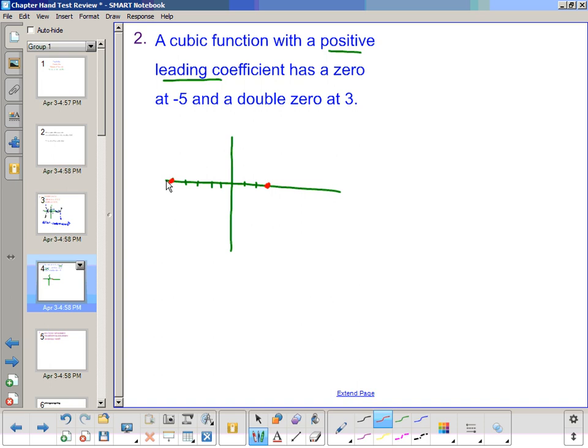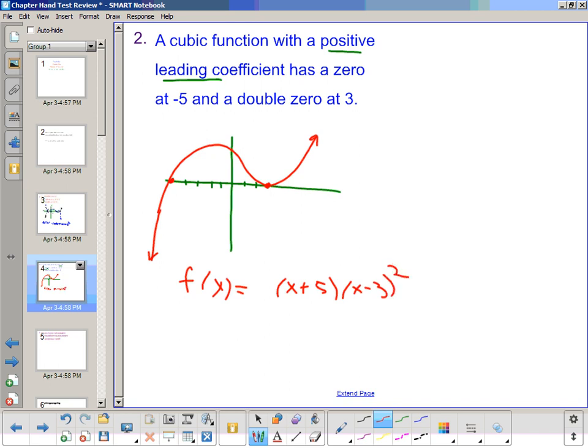So since it's a positive leading coefficient, it is going to be starting from down in the left, and there we have it. And so our equation could look like this, and we could have any positive constant as a leading coefficient if we wanted.